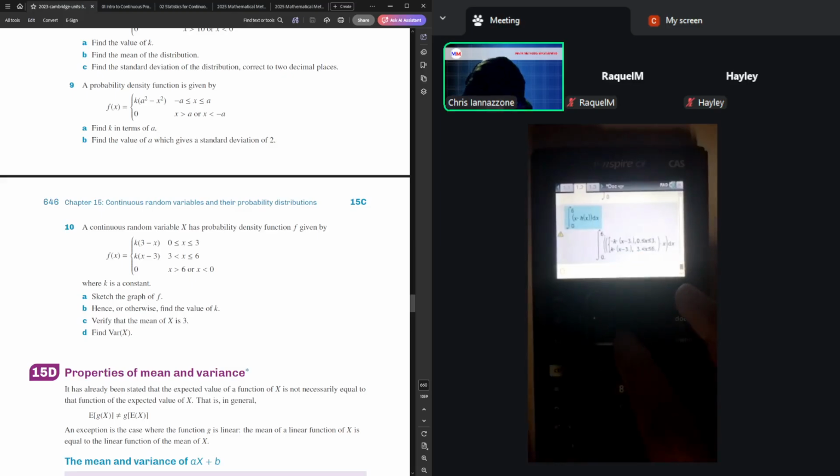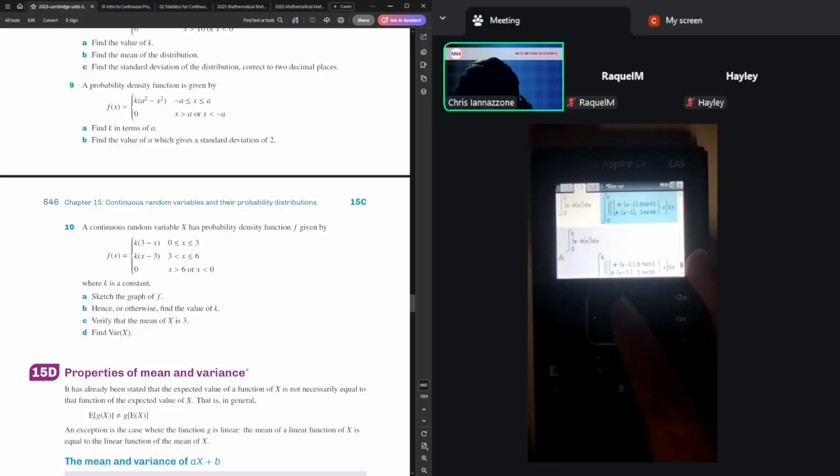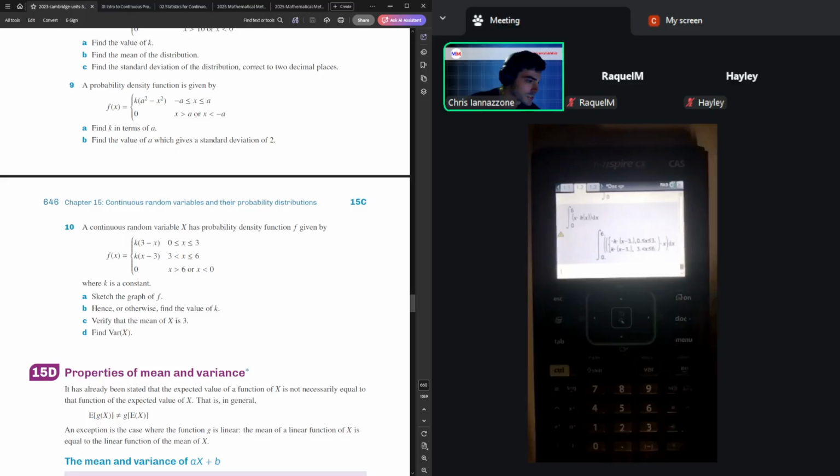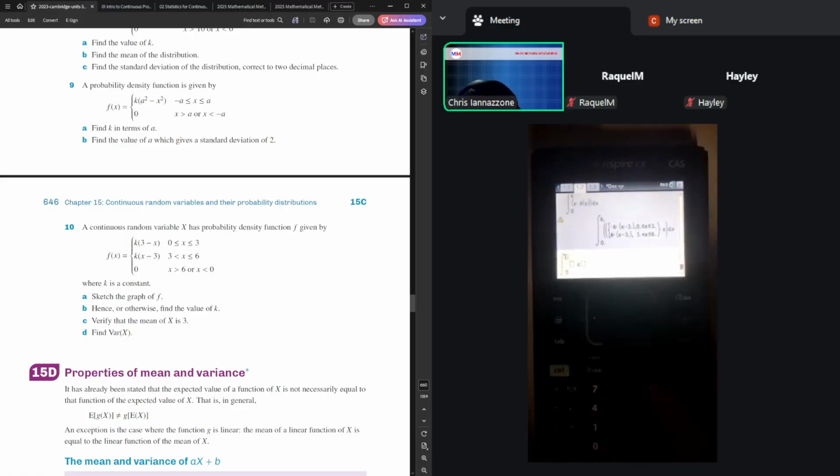So, what do you do when stuff like the mean and variance breaks for piecewise functions? You do it separately for each individual little bit, and then you add across the two results. So what you would be doing instead would be 0 to 3 x times the function.